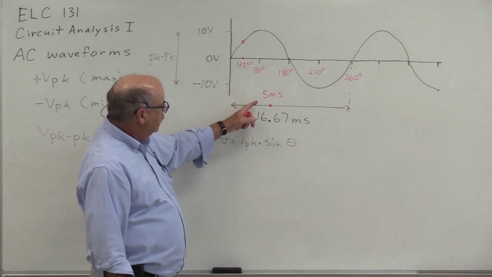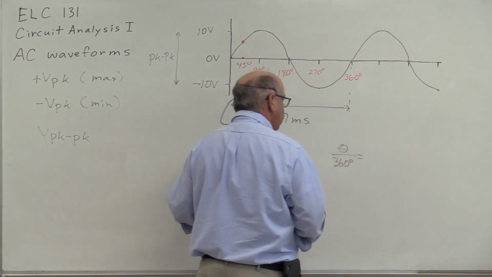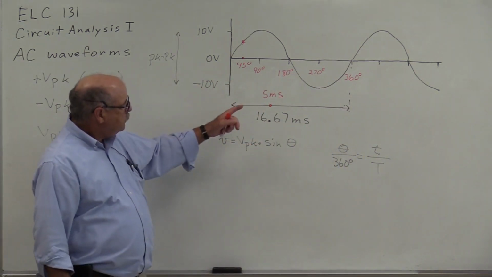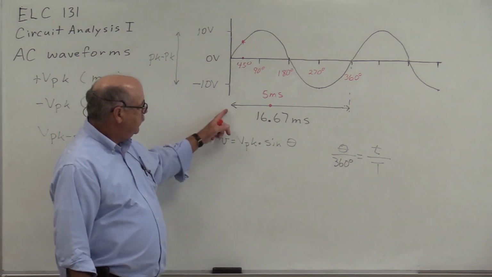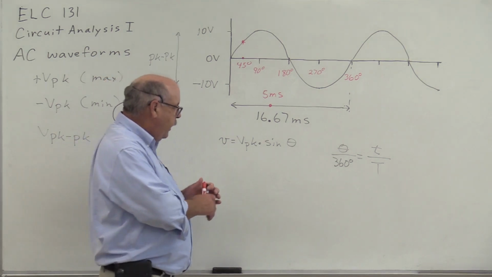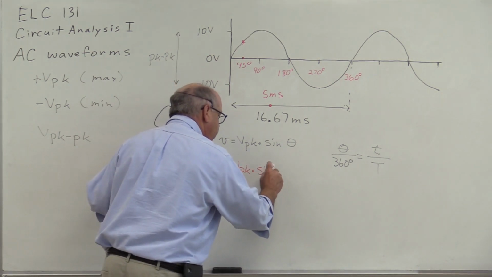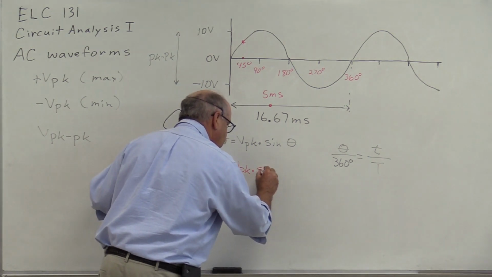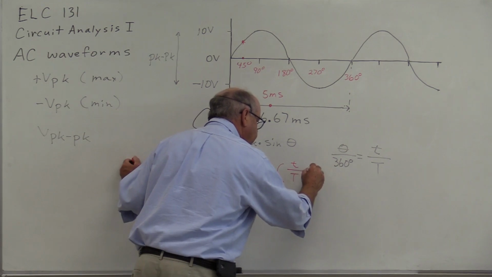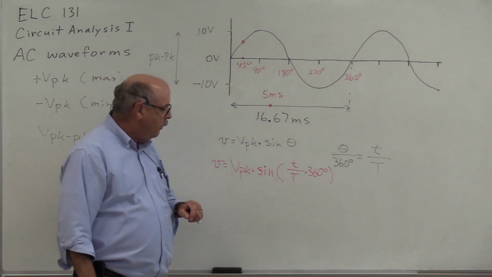And if I look at the relationship of theta to 360 degrees, that should give me the same relationship as little t is to big T, where 5 milliseconds is the little t, and of course 16.67 milliseconds is the big T. So for theta, I can substitute in that v equals V peak times the sine of, in parentheses, little t over big T times 360 degrees, by simply rearranging this equation to solve for theta.